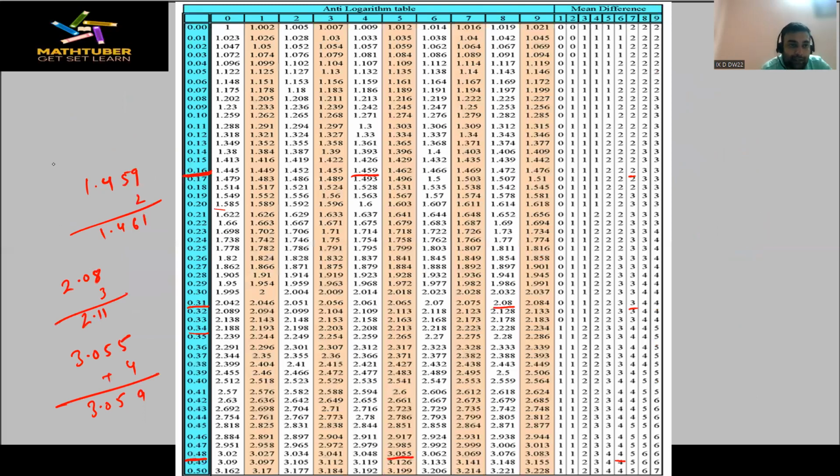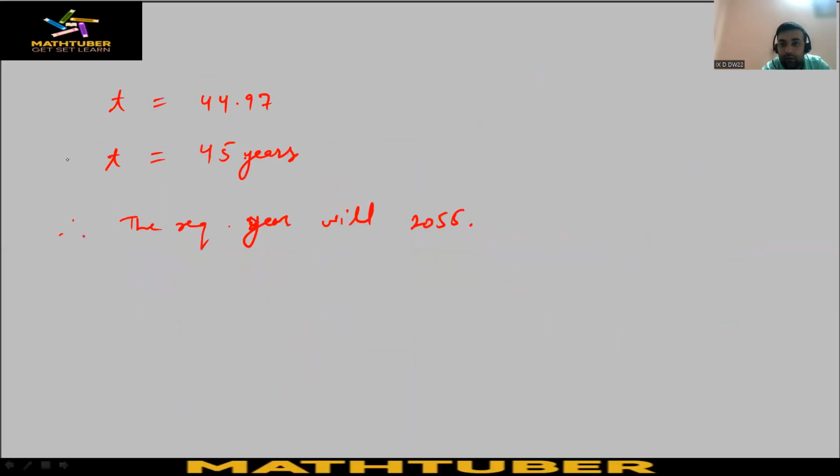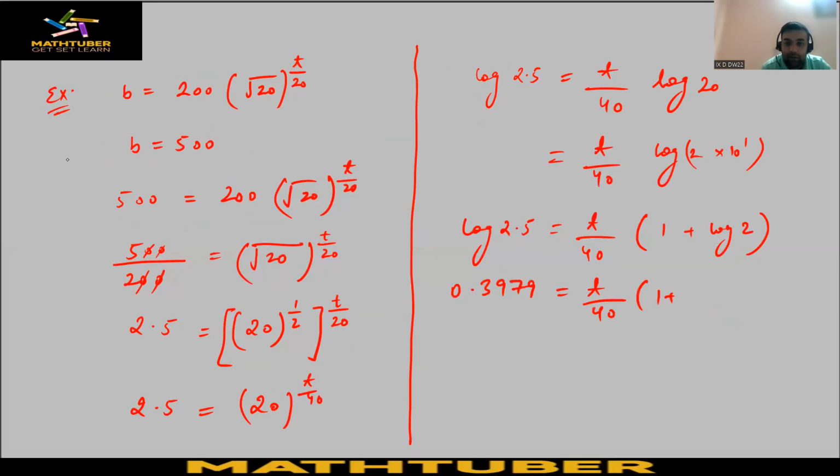So log 20 at 0th column is 3010, so 0.3010. Now to find out this, 0.3979 into 40 is equal to t into 1.3010.